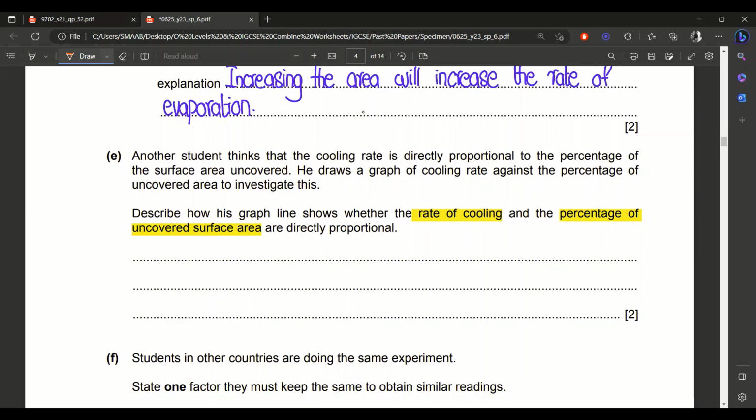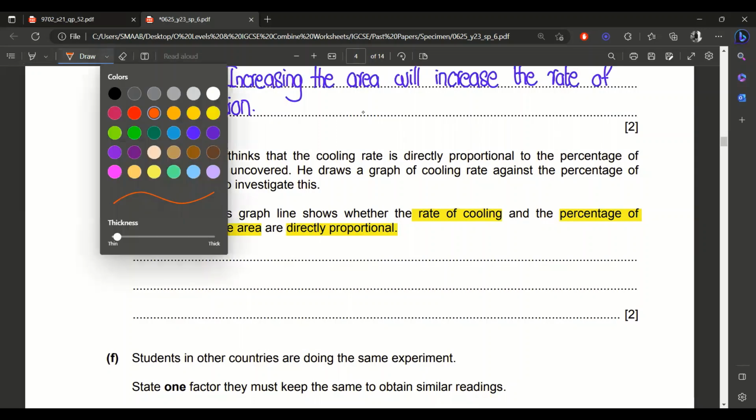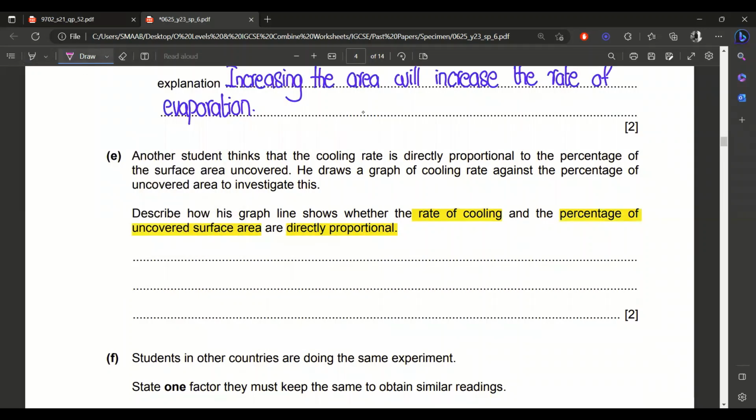As the percentage of uncovered area increases, the rate of cooling will increase. Yes, and both are directly proportional, right? It is also mentioned in the question. So what will be the shape of the line? A straight line. Because when we are talking about the directly proportional concept, if we start from zero, there will be a straight line starting from the origin.